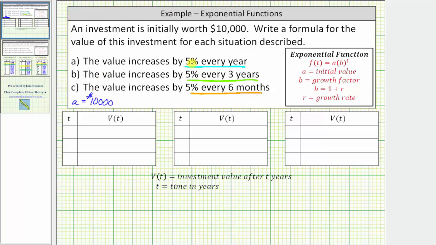In each situation, the growth is 5%, which means r is equal to 5% as a decimal. This is equal to 0.05. And b, the growth factor, or the base, is equal to 1 plus 0.05, which equals 1.05.